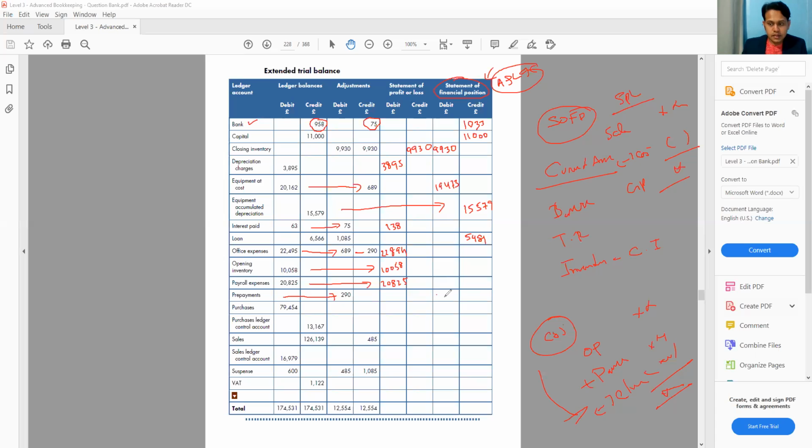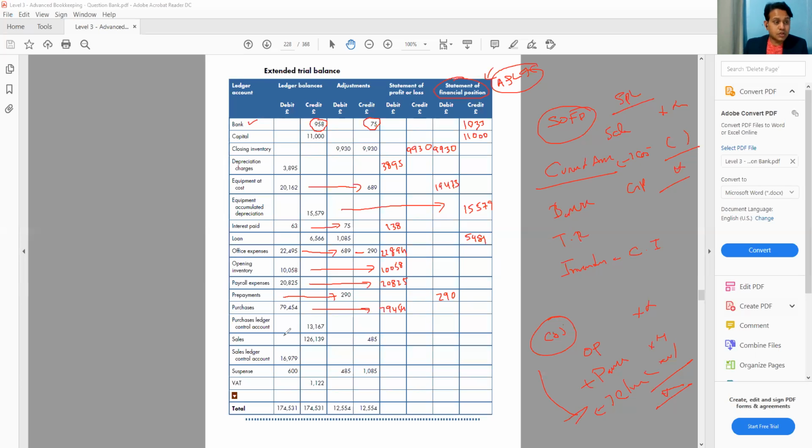So 290. Then you have purchase. Purchase is also an expense, and that is relevant to the profit and loss account. So purchase on the debit, 79,454. This is our statement of profit and loss account on the debit side.